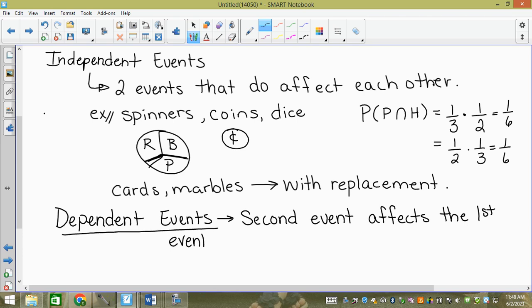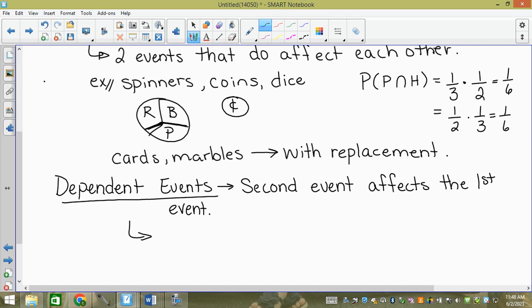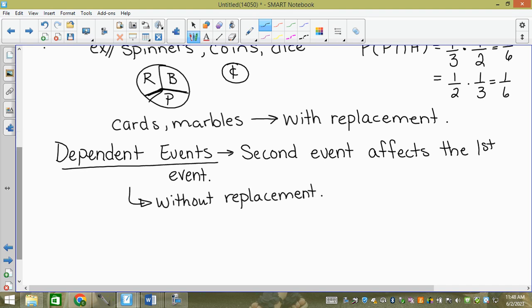So basically, the second event depends on what I got on the first one. That's why it's called dependent. The second event depends on what the first one was. And a lot of this is without replacement. That's the big thing. And a lot of these are like cards, marbles, something like that.